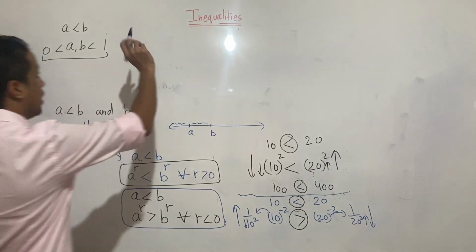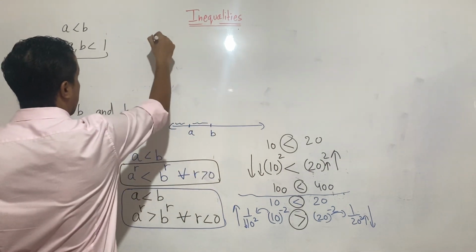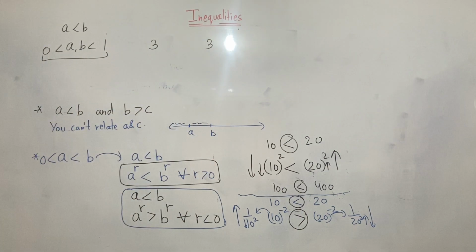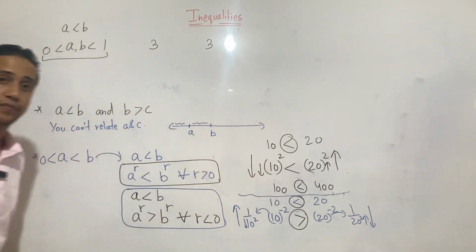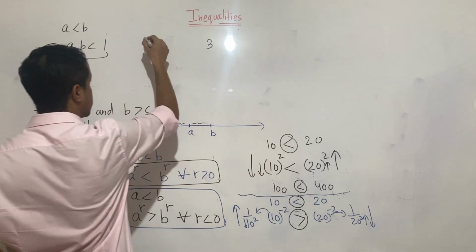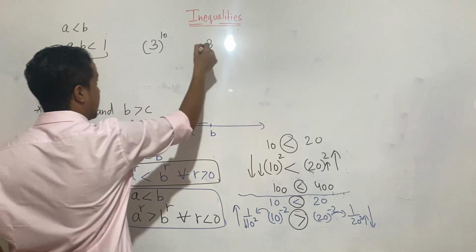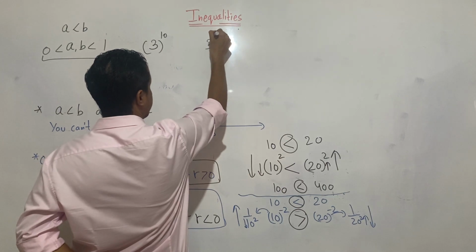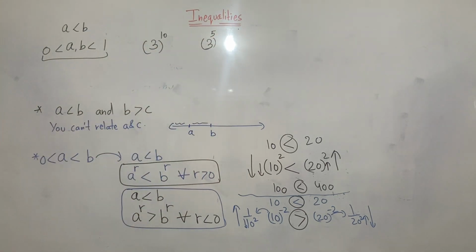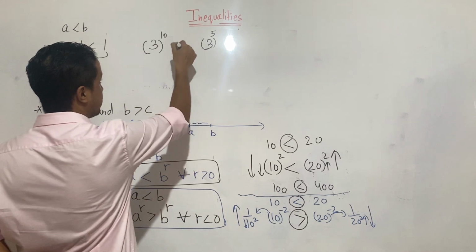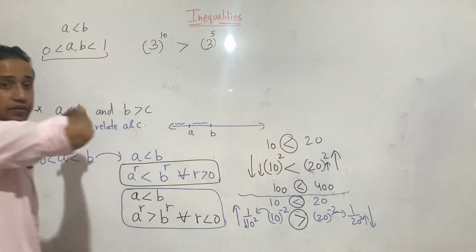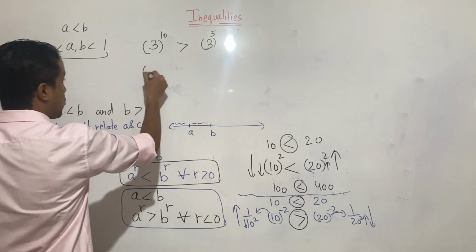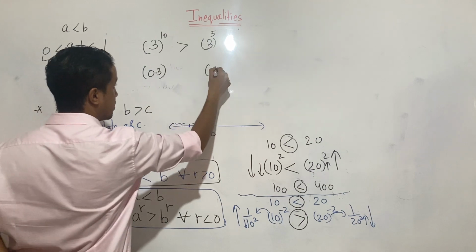Let's say that here I'm writing 3 and here I'm writing 3. So my bases are the same. If I raise this base to the exponent 10, and this base to the exponent 5, then which will give me the higher value? Obviously this one. Now take this case: 0.3 on both sides.